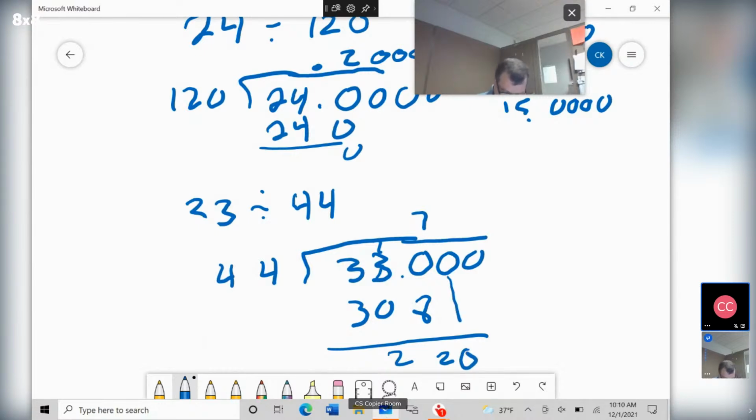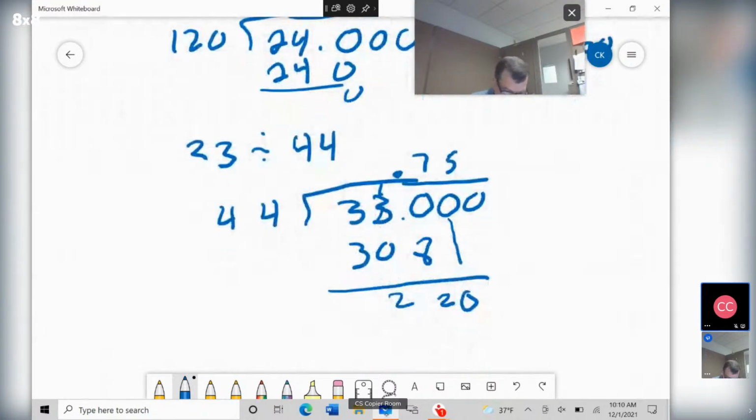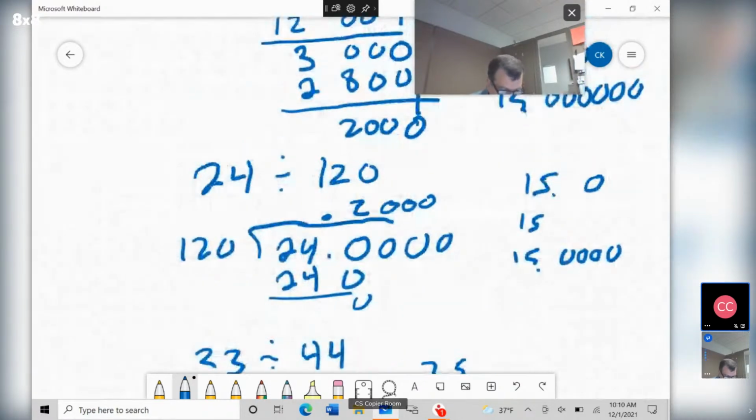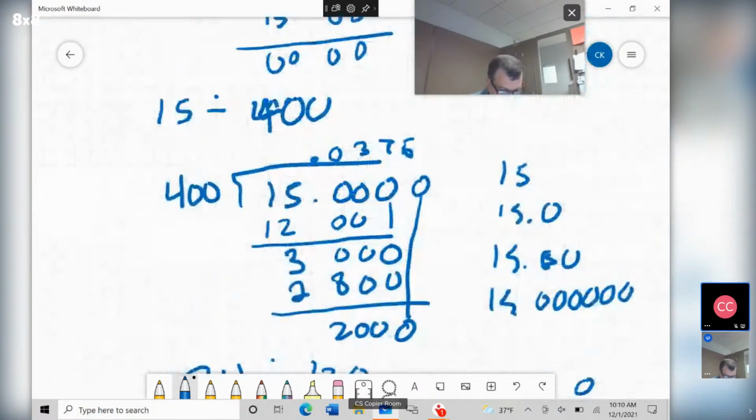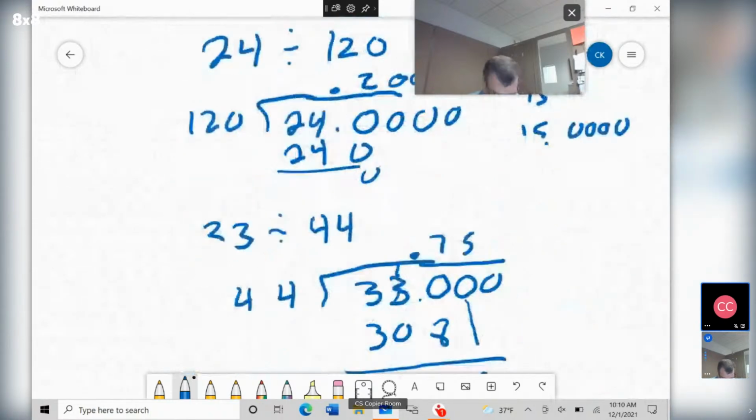And how many times does 44 go into 220? Well, I forgot to bring the decimal up, it would be 5 times. 5 times 4 is 20. Carry the 2. 5 times 4 is 20 plus 2, so that's 22. And we're going to get 0. So we didn't have to bring that last 0 down. I started with 3. We only needed 2. So the thing to remember, you guys, is I think where it sometimes gets confusing is when you get, and I'll show you with a different one.